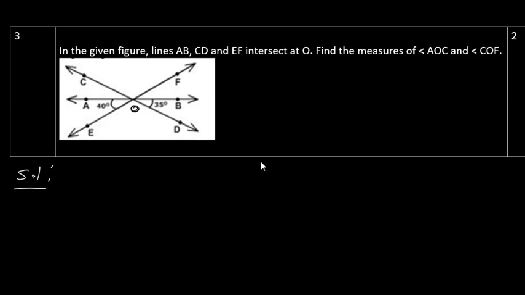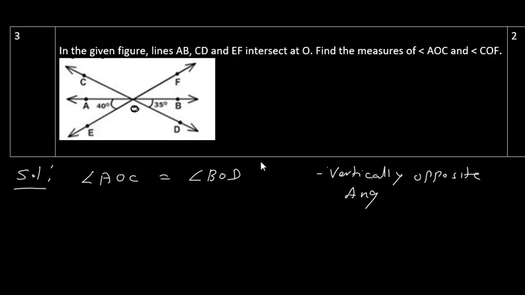So in the solution, you can say that angle AOC is equal to angle BOD. Why? They are vertically opposite angles, right? So angle BOD is 35 degree. So angle AOC we have found out.